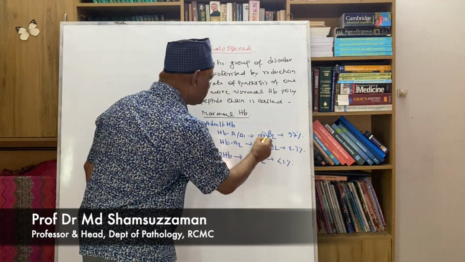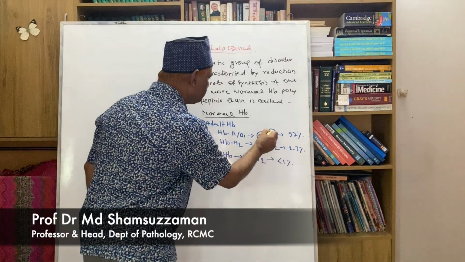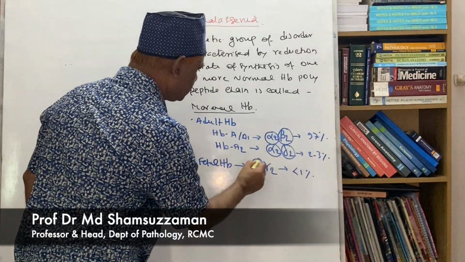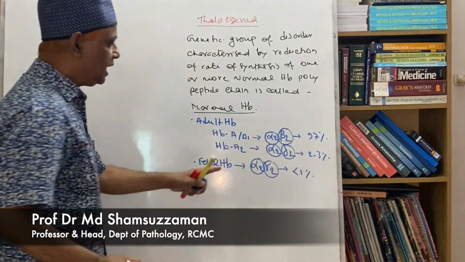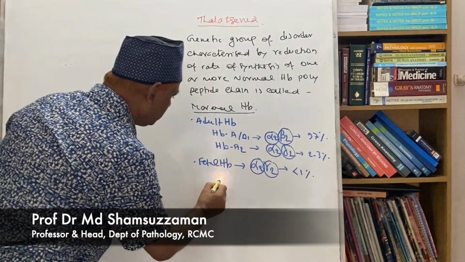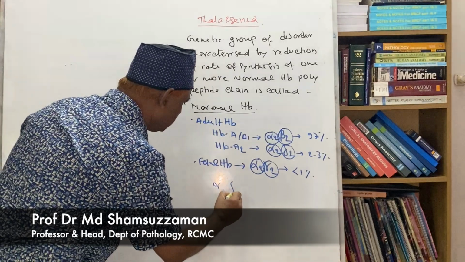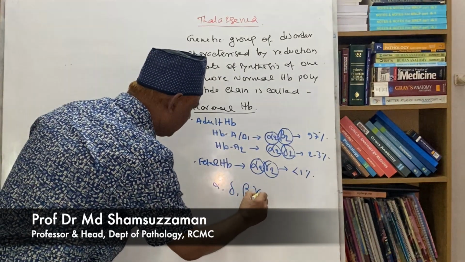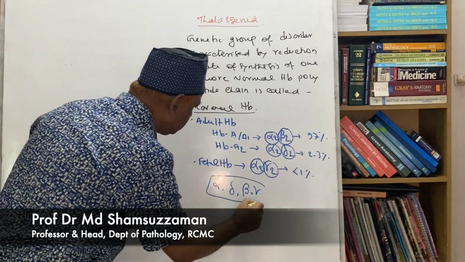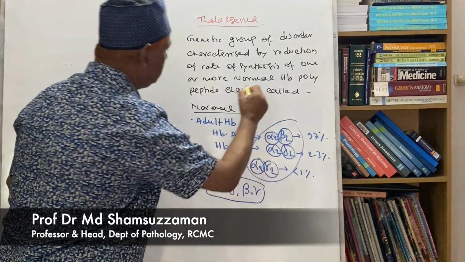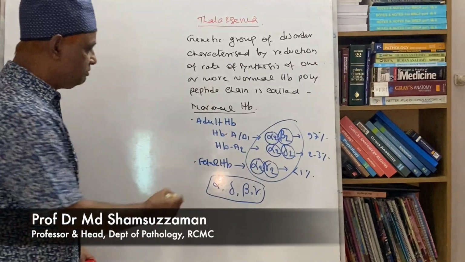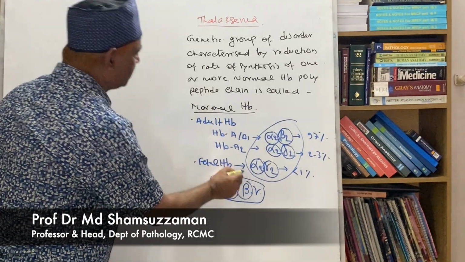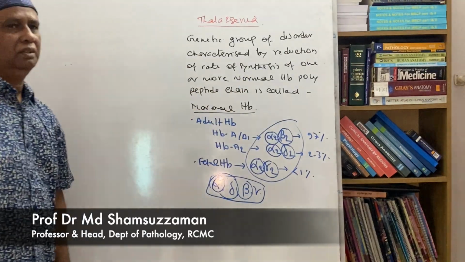So there are alpha, beta, delta, and gamma polypeptide chains, four polypeptide chains within all the hemoglobins. So by definition, if there is reduction of one or more normal hemoglobin polypeptide chains, then it is called thalassemia.